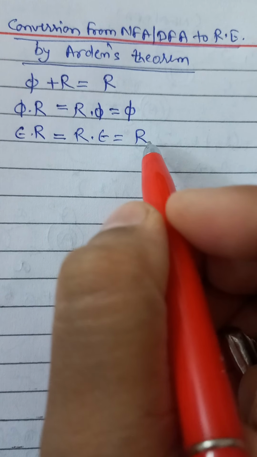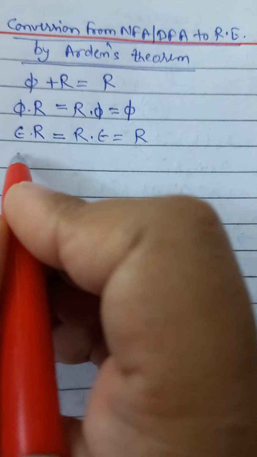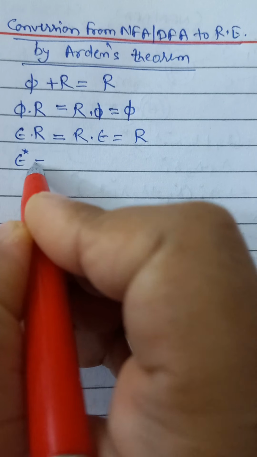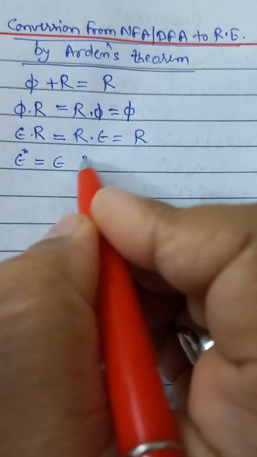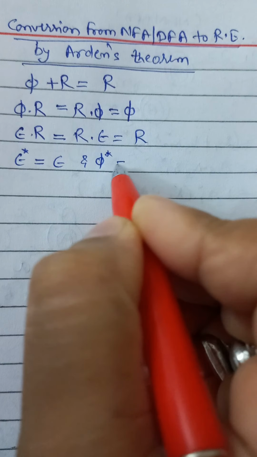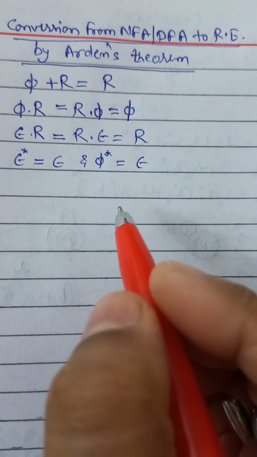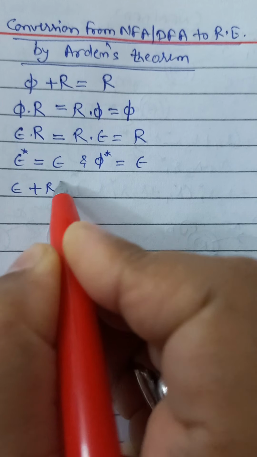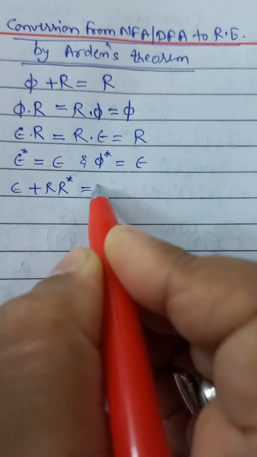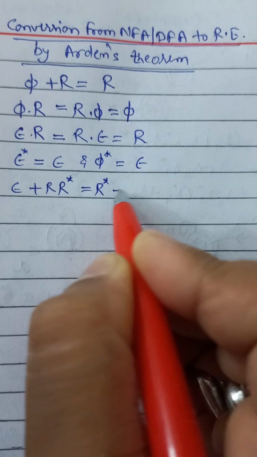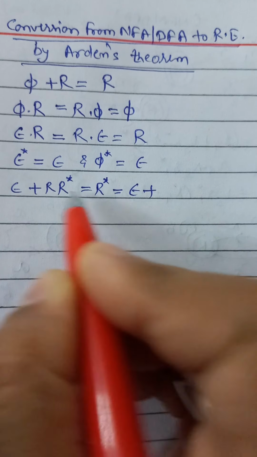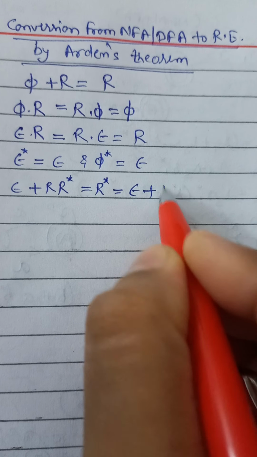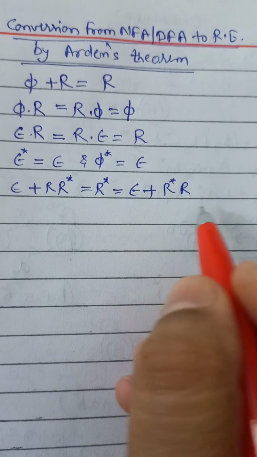R means regular expression. And epsilon star, as we know, is always epsilon, and phi star will be epsilon. And epsilon plus r star is equal to r star, or epsilon plus r r star, both are equal.